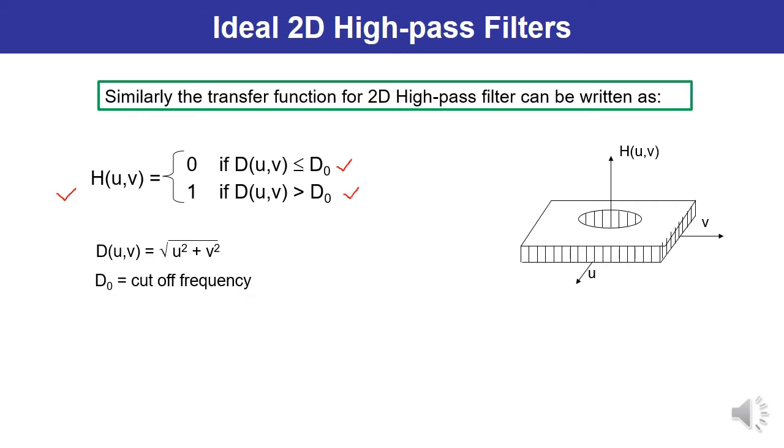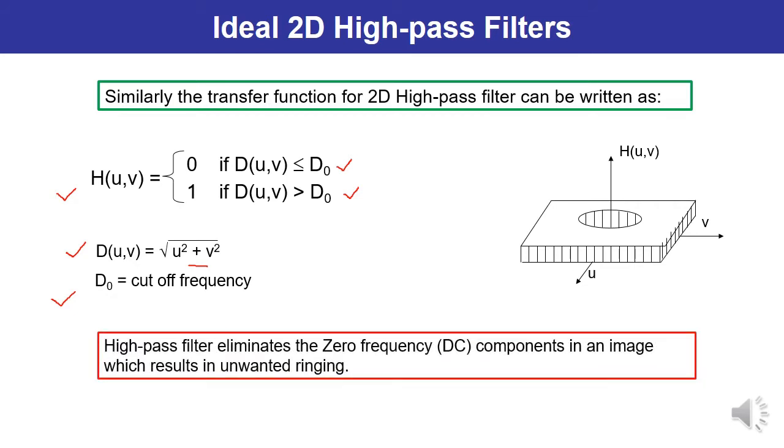What is D of u,v? This is the square root of u squared plus v squared, and D0 is the cutoff frequency. So the high pass filter eliminates the zero frequency DC component in an image, which results in unwanted ringing.